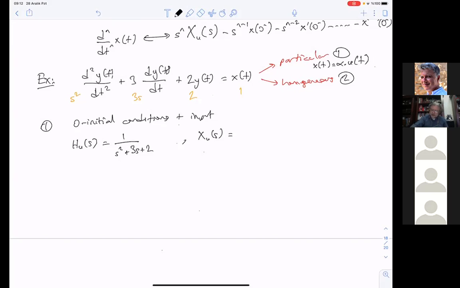So we apply a unit step with an amount of alpha. That is just the input, and for the particular solution we need to know that input.